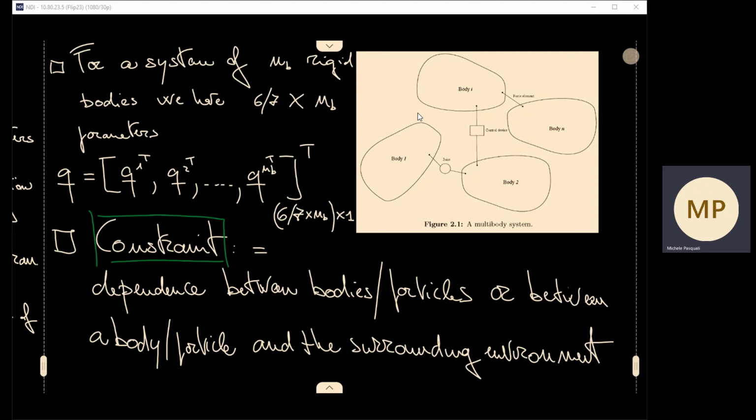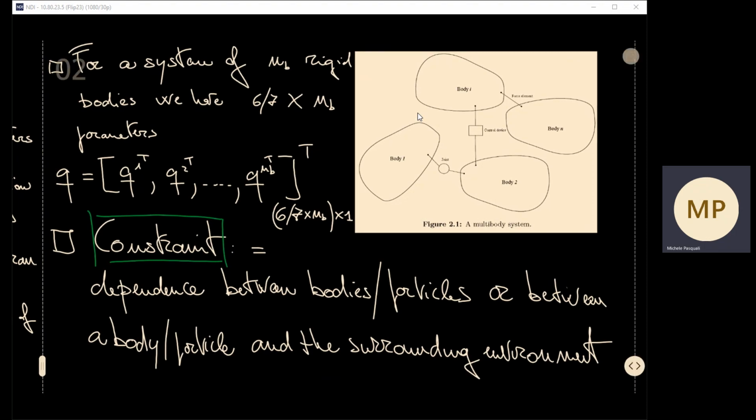And since our system of multiple bodies is described by a vector of generalized parameters, typically the constraint will be enforced through what? Equations, which will be built in terms of these parameters. Okay?